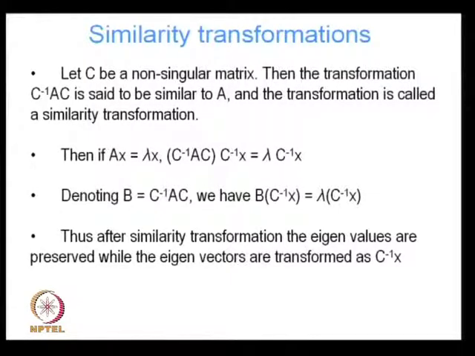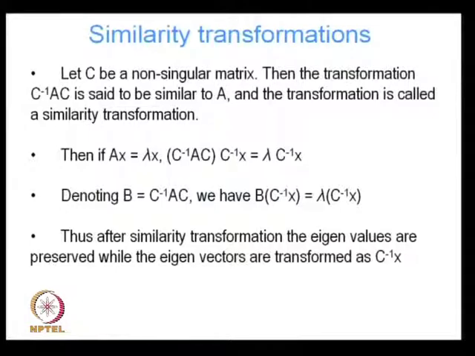Thus, we see that after similarity transformation of A, the similar matrix C inverse AC has the same eigenvalues lambda as A, but its eigenvectors are no longer x, they are now C inverse x. Thus, after similarity transformation, the eigenvalues are preserved while the eigenvectors are transformed as C inverse x.